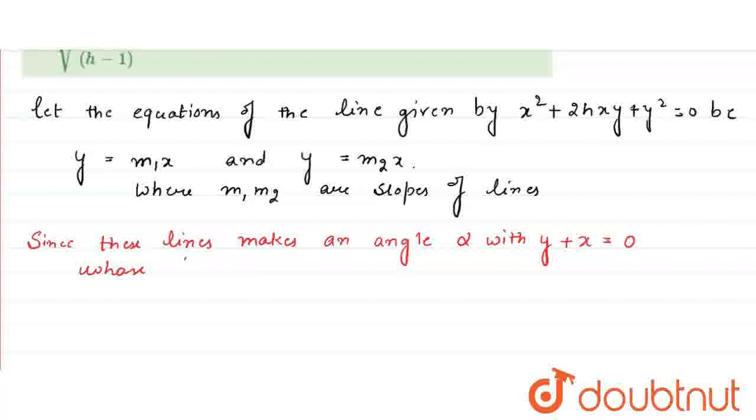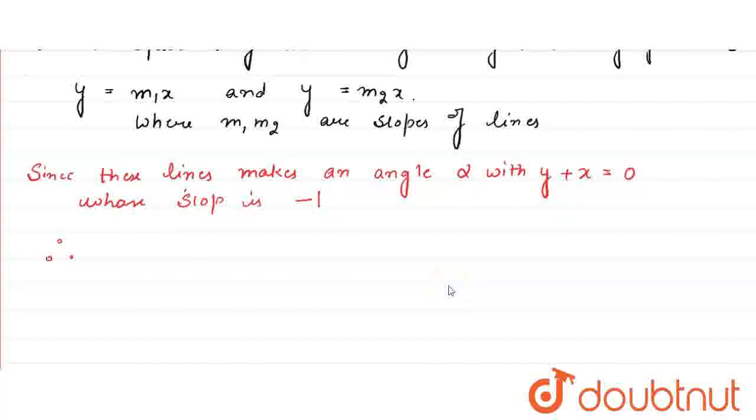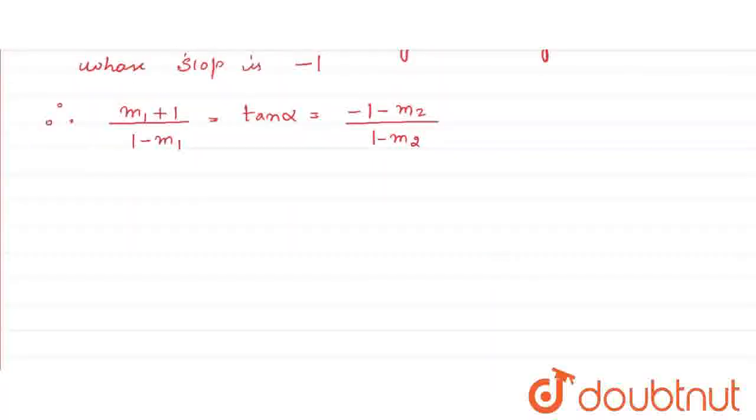Slope is -1, right? Now we know the relation between the slopes m1 and m2. What can I write? (m1 plus 1) divided by (1 minus m1), which is equal to basically tan alpha, which is equal to (-1 minus m2) divided by (1 minus m2). So this is the particular given relation, right?